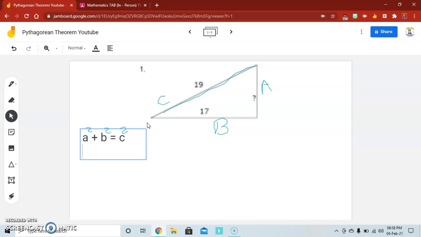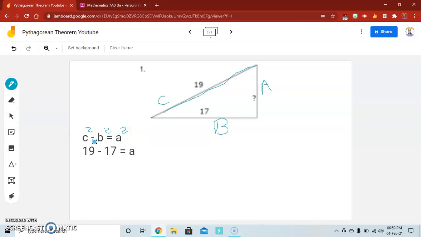Oh wait, sorry, I made a big mistake. This is not to solve for c squared. This is to solve for a squared. So it's going to be c squared minus b squared is equal to a squared. So we're going to put those numbers in. So 19 squared minus 17 squared is equal to a squared.